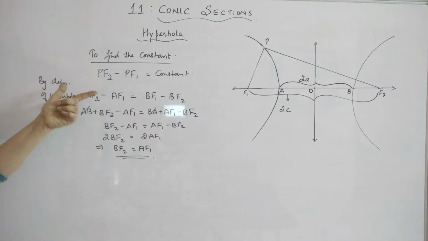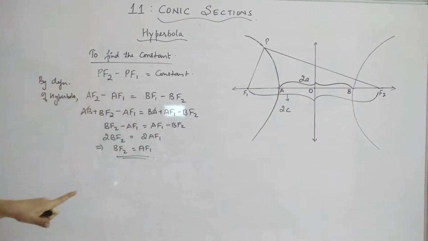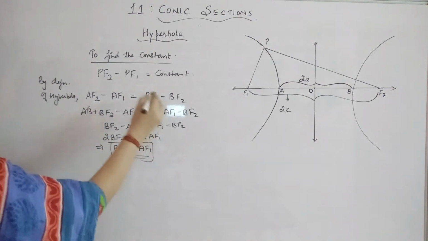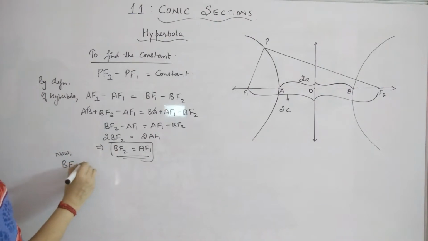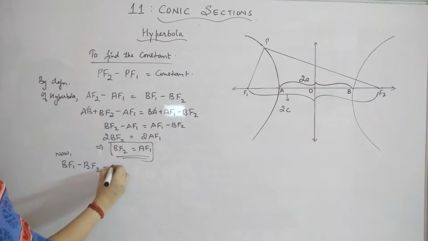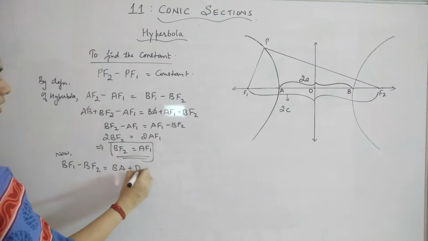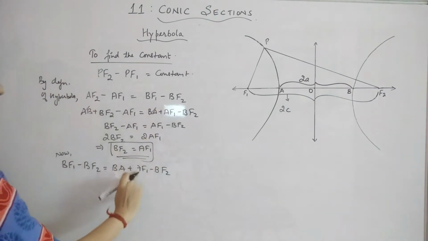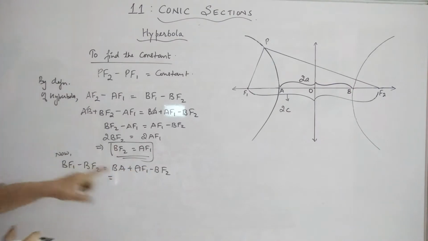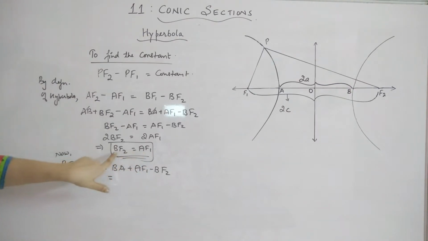Now we are starting from this one, to see whether we will get the constant's value or not. We have got this one, we will use it. Now if we are starting with BF1 minus BF2, which is same as BA plus AF1 minus BF2. This we have already written here. Now what we have got, AF1 is same as BF2.